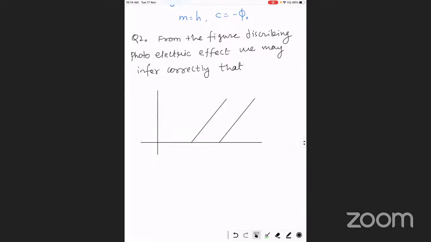Both the lines should be parallel. Okay. This particular graph is given. First graph is for sodium and the second for aluminium.